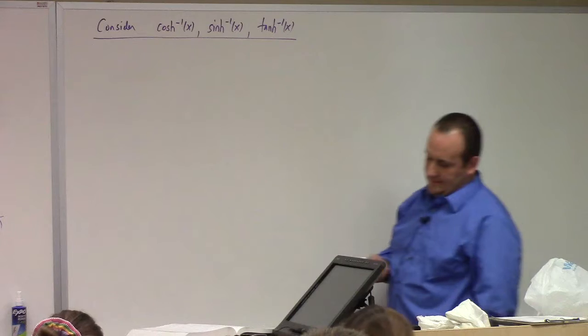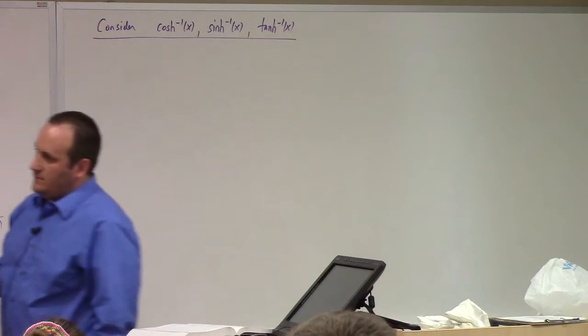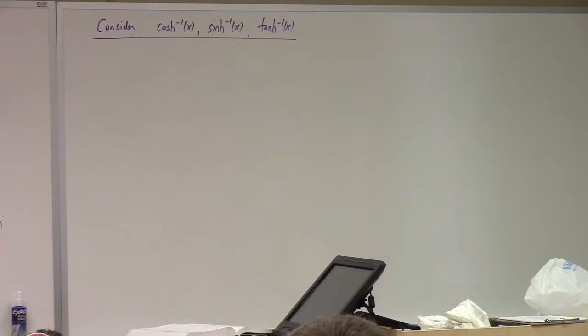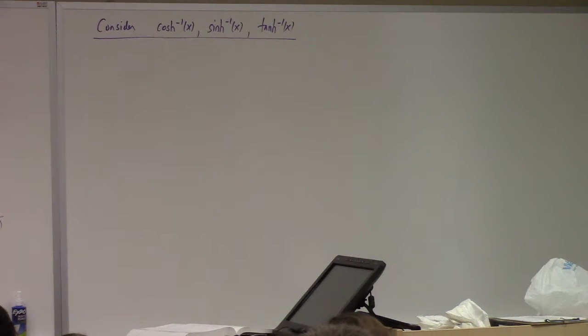Now, inverse hyperbolic sine, there's no real issue there in terms of what I mean by that, because hyperbolic sine is 1-to-1 everywhere. It's always increasing. It passes the horizontal line test without any kind of qualification, right? But inverse hyperbolic cosine, that's got to mean some kind of special convention, right? Because this fails the horizontal line test.